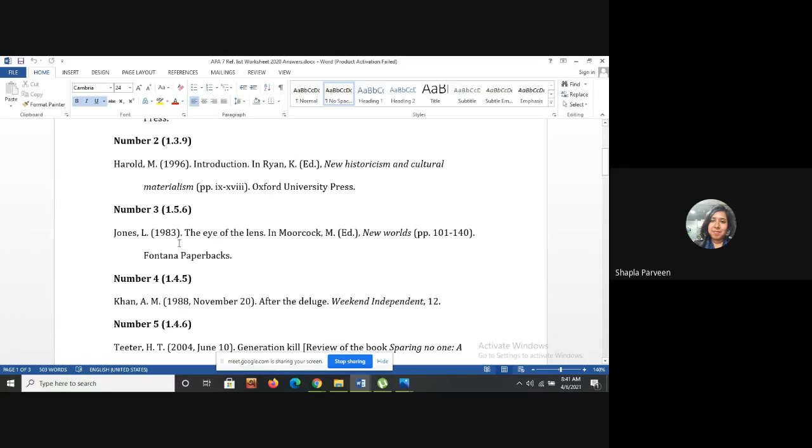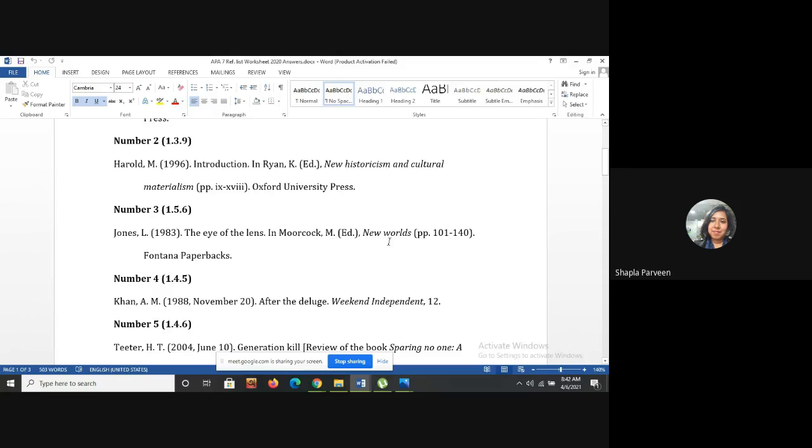Then the name of that short story is The Eye of the Lens, then dot. Then the editor's name here, Moorcock, comma, M, and then in brackets, ED, capital ED, dot, close bracket, this stands for editor.